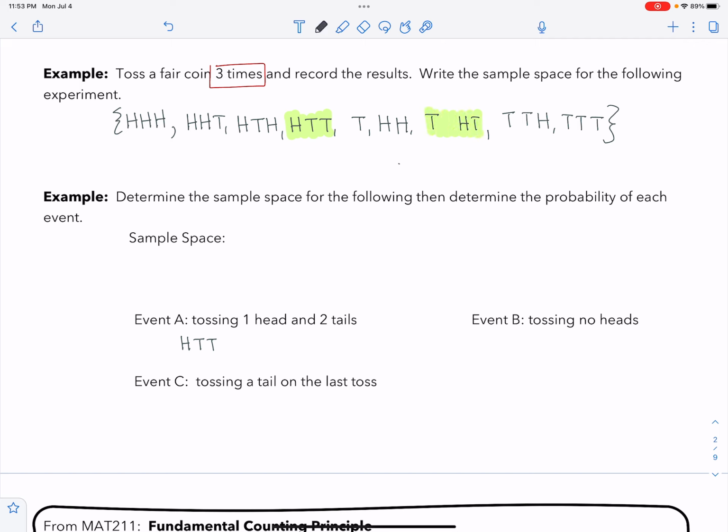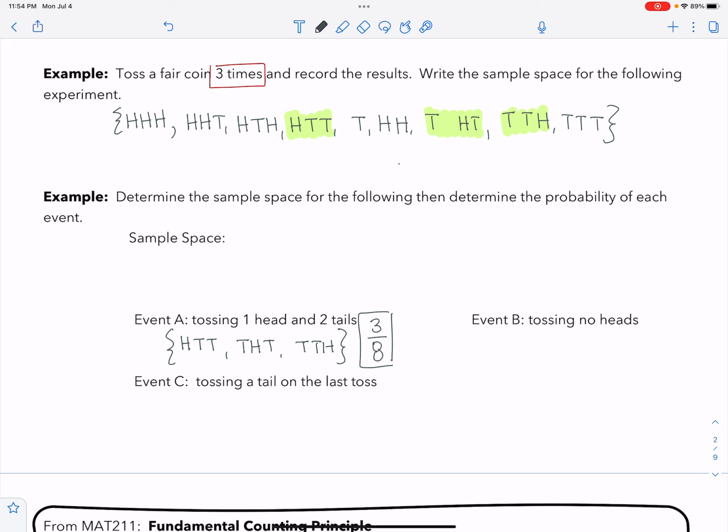That would be 1 head and 2 tails. And then tails, tails, head. And so the probability of that is going to be 3 out of the total of 8 possibilities.